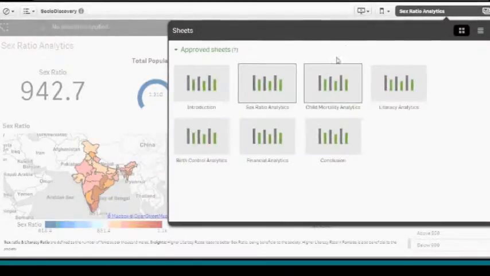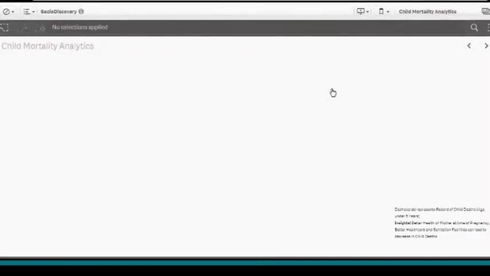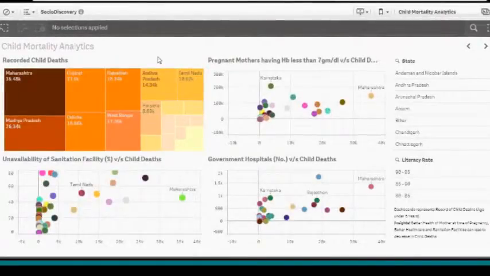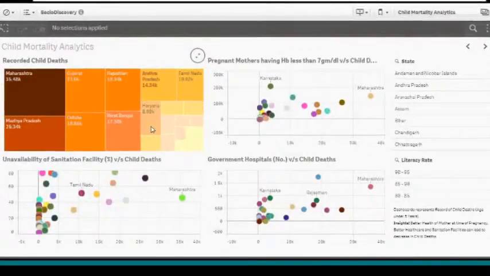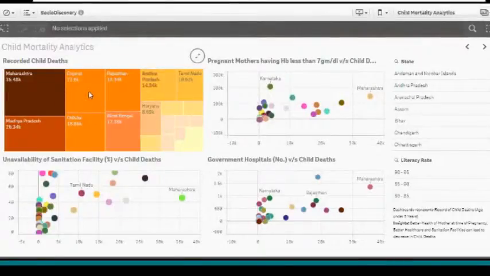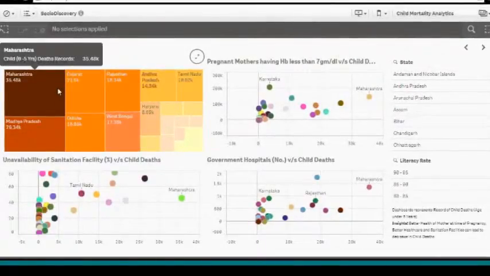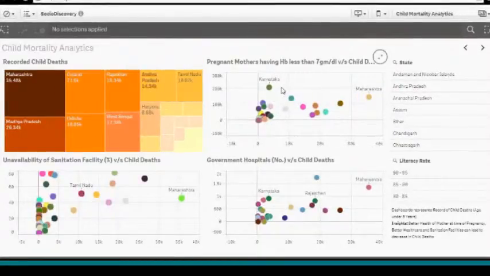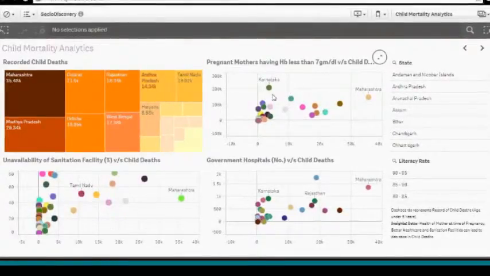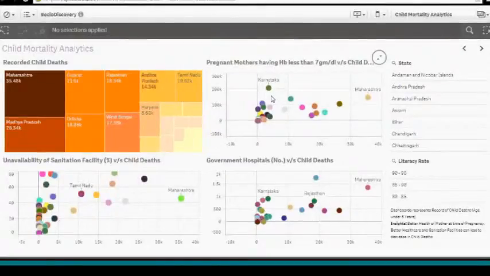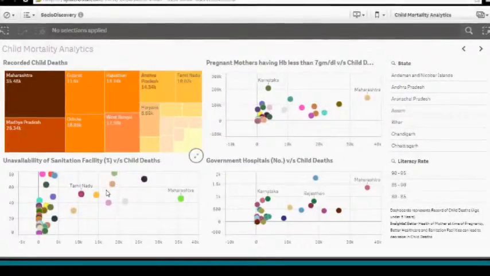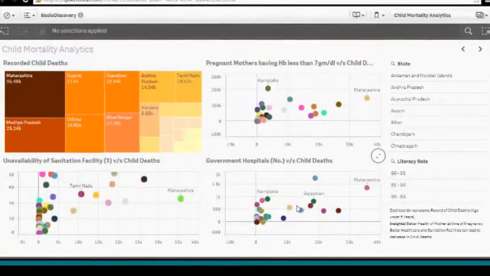Moving on, I'll move on to the next sheet, which analyzes the child mortality. As you can see over here, this information gives the various states and the record of child deaths in the age group of 0 to 5 years. As number 1, we are looking at the health of mothers at the time of childbirth, then sanitation facility, as well as the government hospitals.